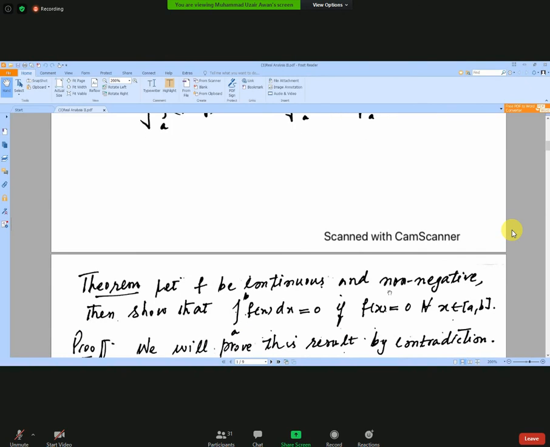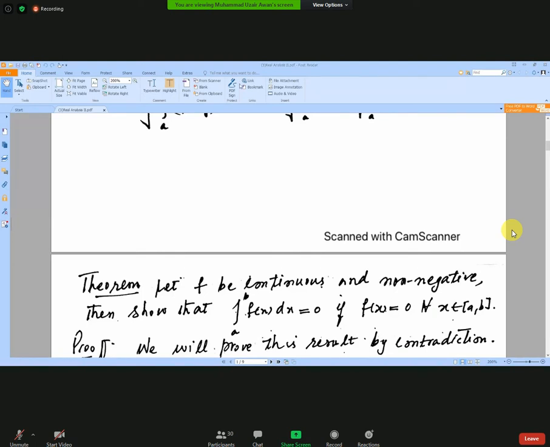Our next result is, let f be a continuous and non-negative function and show that integral a to b f of x dx is equal to 0 if f of x is equal to 0 for all x belongs to ab.